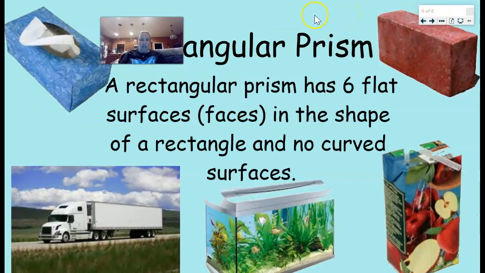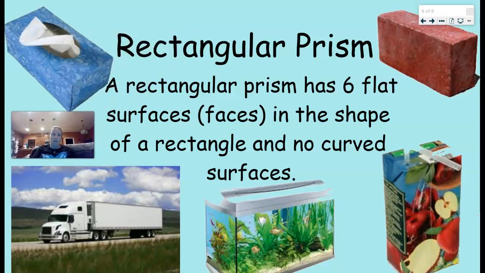And the next one is another one that you've seen all around you, but probably didn't even know what it was called, and that is called a rectangular prism. Say it with me. Rectangular prism. What word do you notice in the word rectangular?